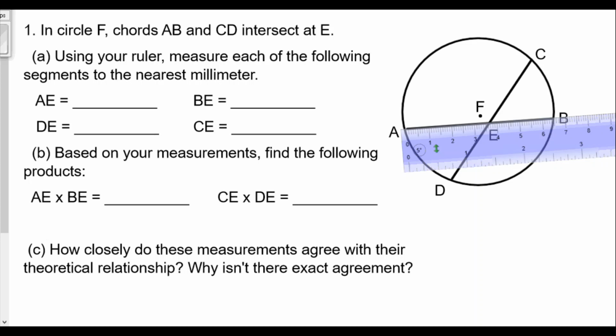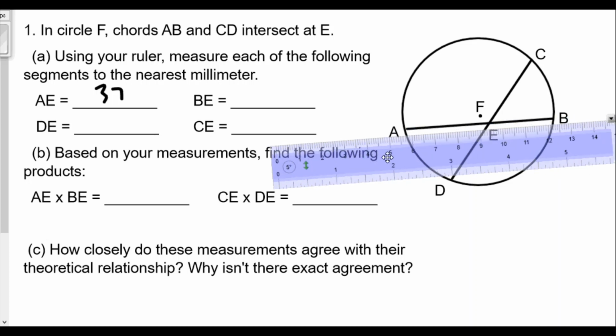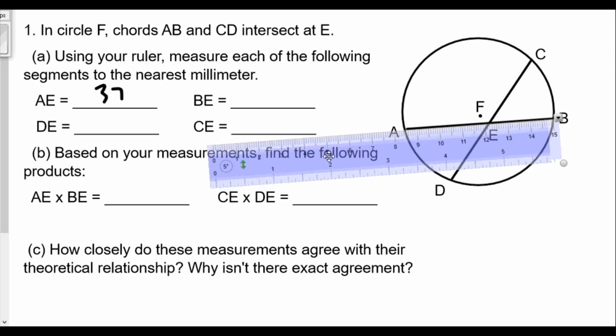Now to measure BE, I'm going to move this over a little bit, and measure from this end, counting backwards. It looks like 2.8 centimeters, so that's 28 millimeters.